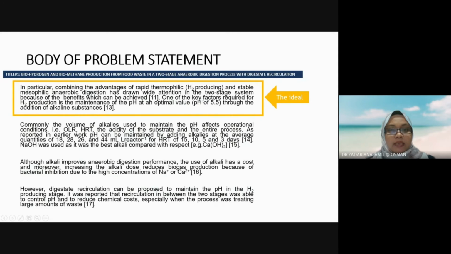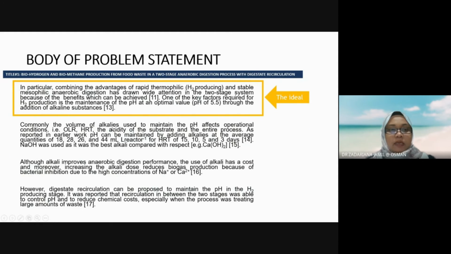One of the key factors required for the hydrogen production is the maintenance of the pH at an optimal value, pH of 5.5, through the addition of alkaline substances. So this is the ideal situation.